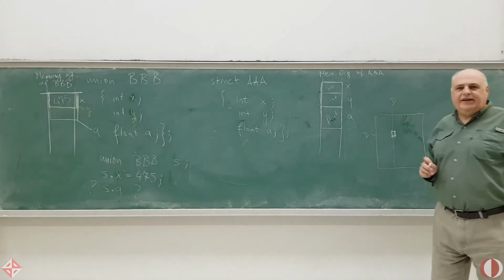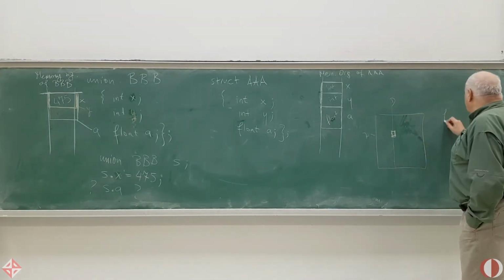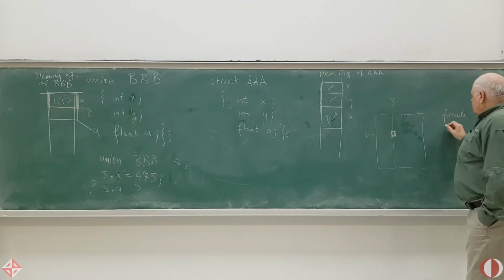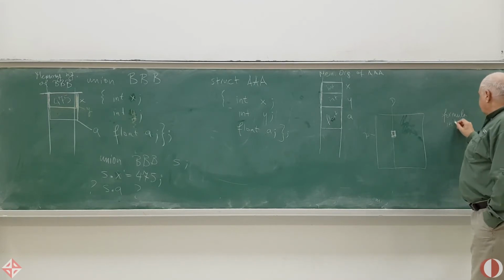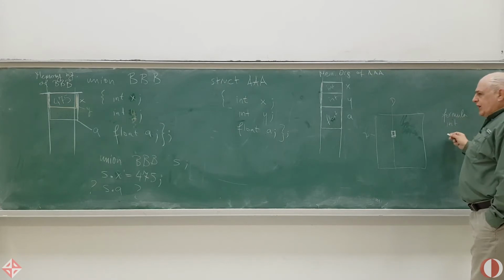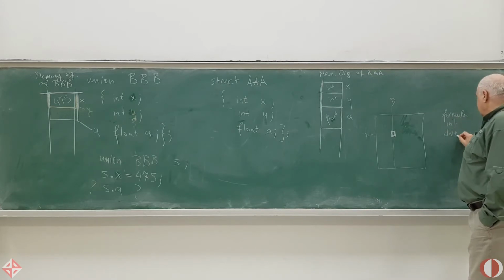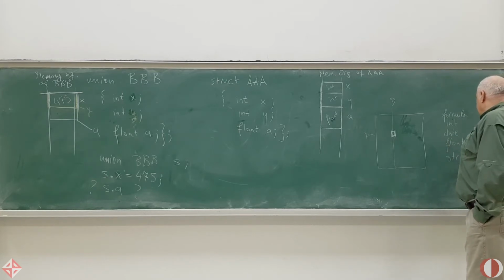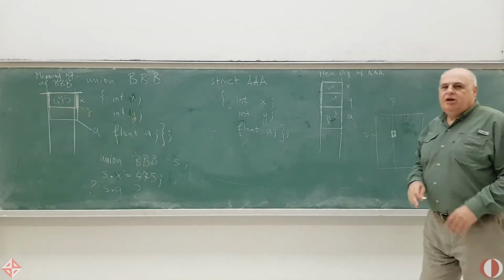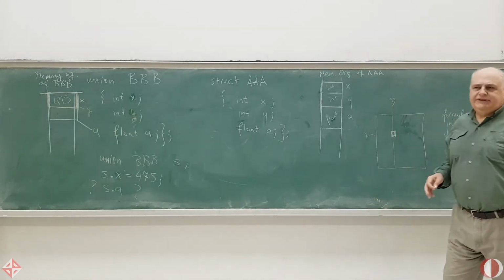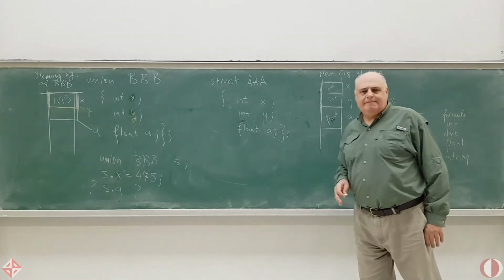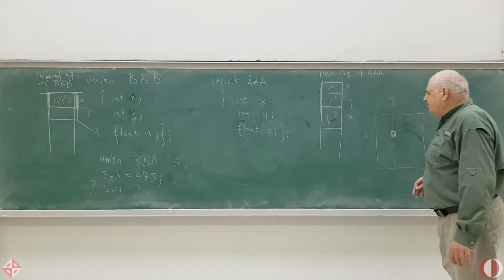What can that data be? It can be a formula. It can be integers. It can be a date. It can be a floating point. It can be some string. For example, a room numbers, a room code, a street name, an address, whatever you like.